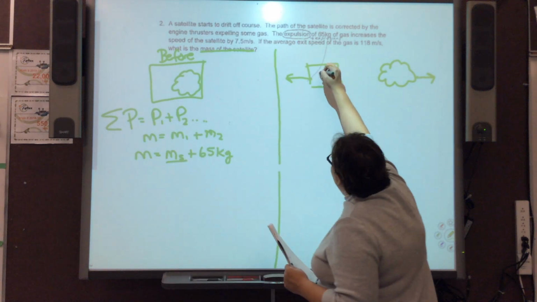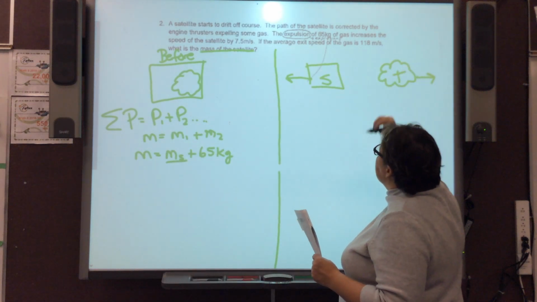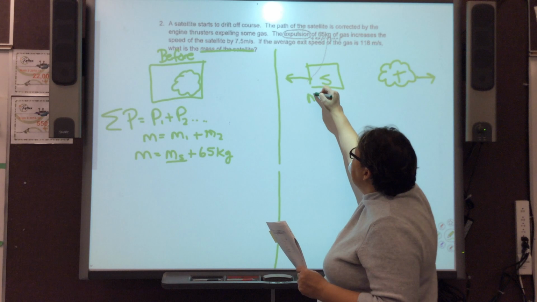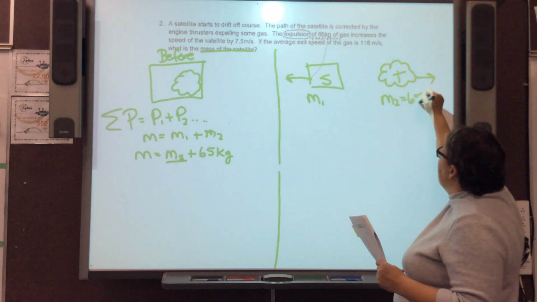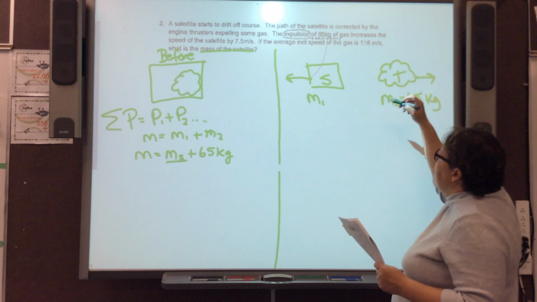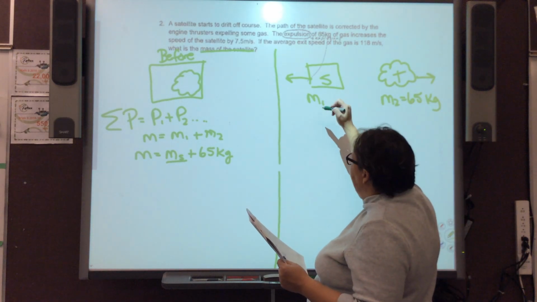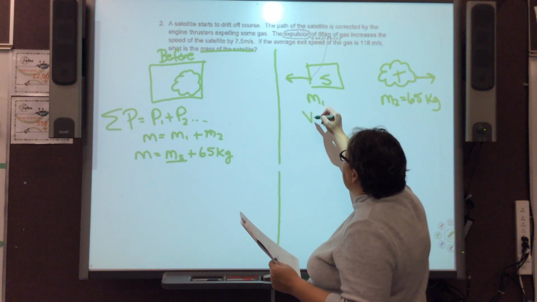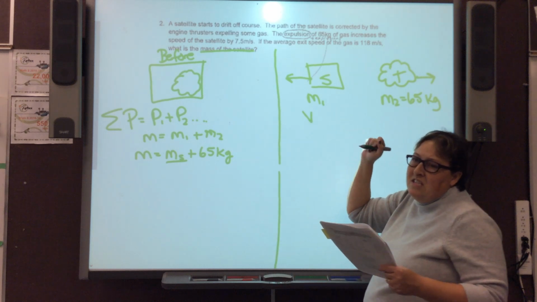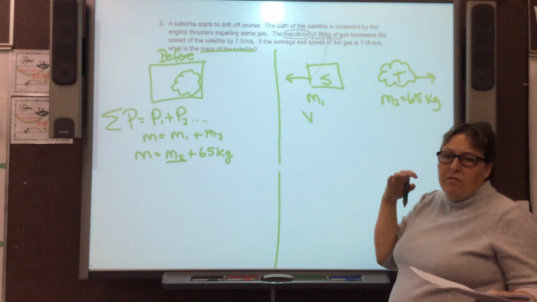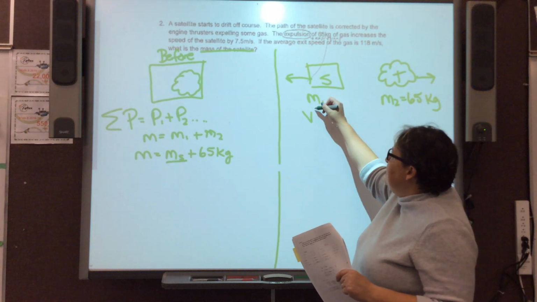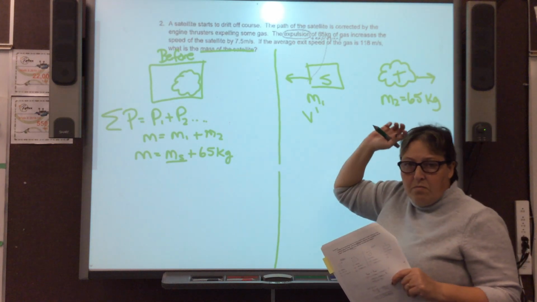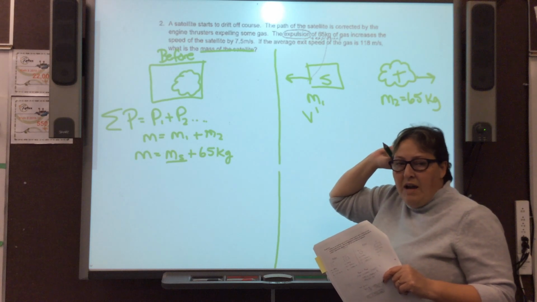So we have our unknown variable, mass of the satellite, right here. Afterwards, here's our satellite and here's our thrusters. So we have mass is unknown. And then our velocity, I'm going to show you another symbol. Instead of writing VB for velocity before and VA for velocity after, I'm going to use the prime symbol. Have you guys been taught that? Prime? Okay.